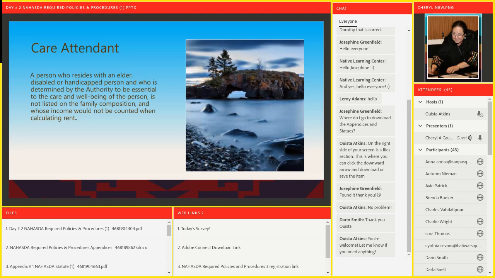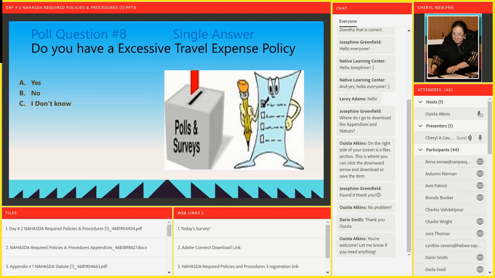This is somebody from outside of the family normally, not listed on the family composition, and whose income would not be counted when calculating rent. That's why, because you do not count any income derived by a care attendant. So have careful wording in there, whether it be in your policy or your procedures for your A&O staff, so they realize how they should be calculating that, because there's confusion in that part.